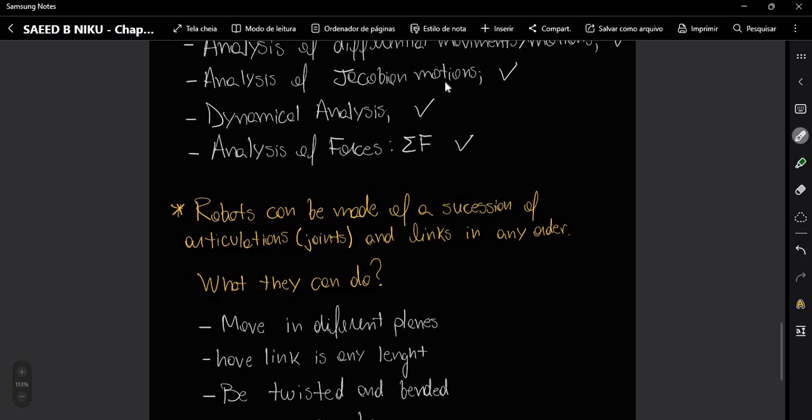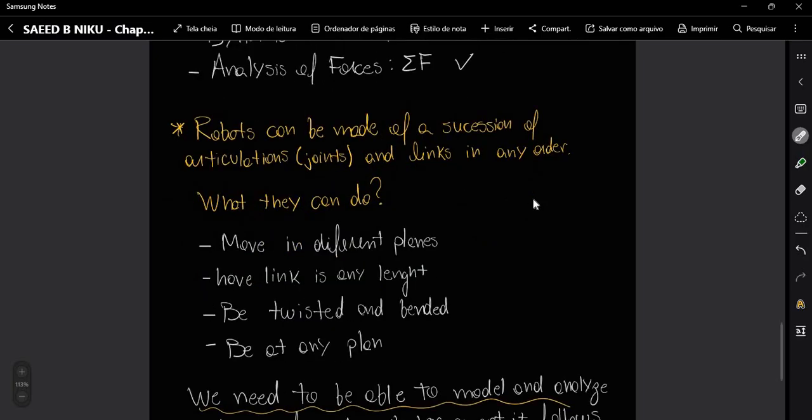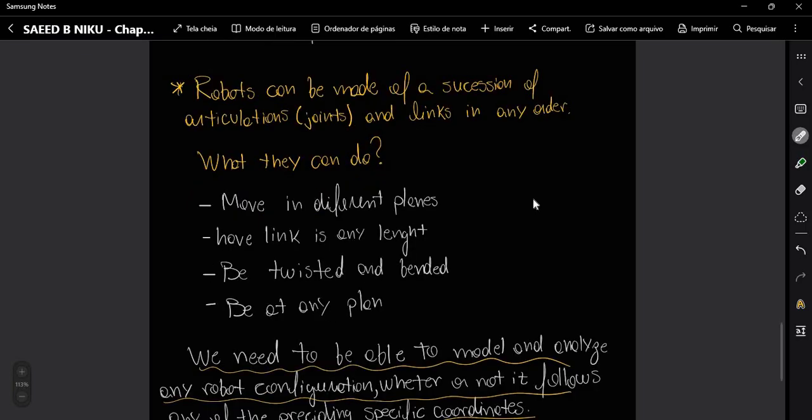and as robots can be made of a succession of articulations, which are our joints, and links in any order, using DH representation, we can model these robots so they can move in different planes.